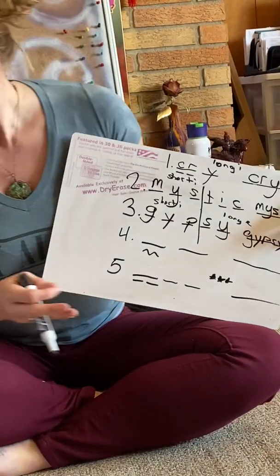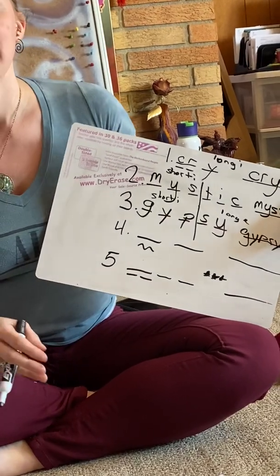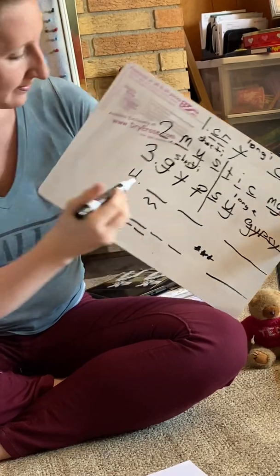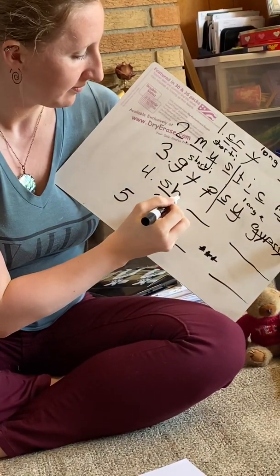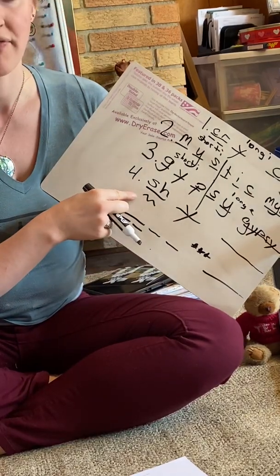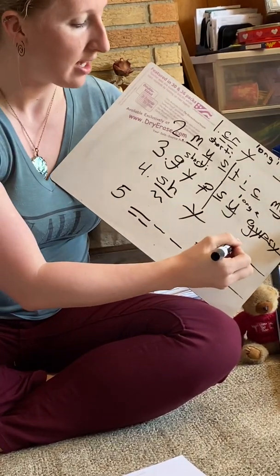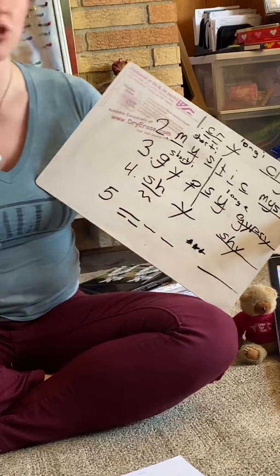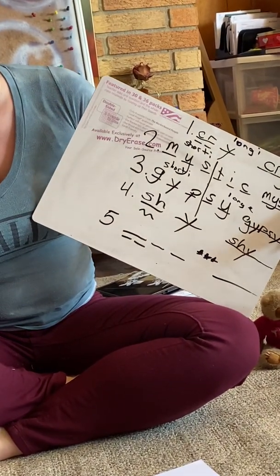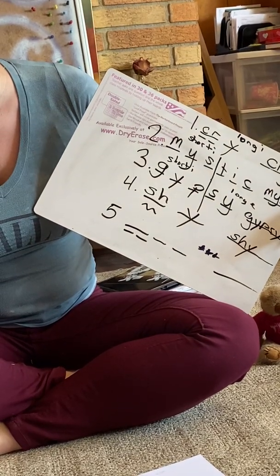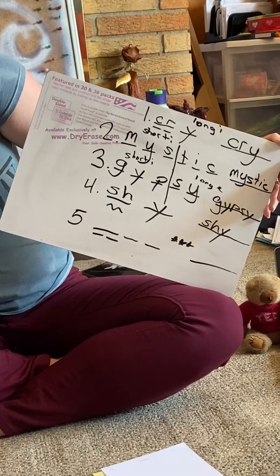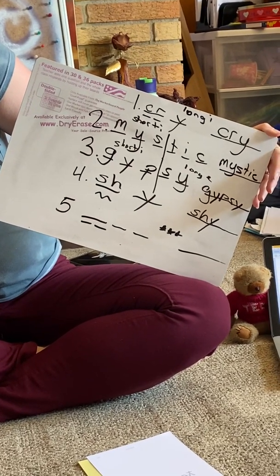All right, next word, number 4, is shy. Checking with me, shy. That digraph of sh and I, that long I sound right there, shy. And then, of course, number 5 is style.